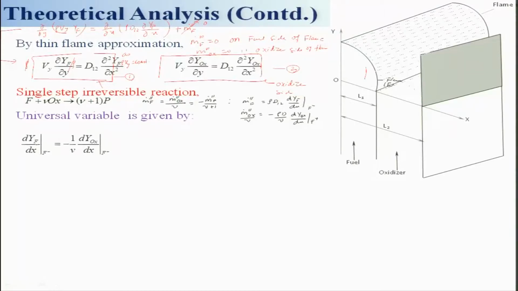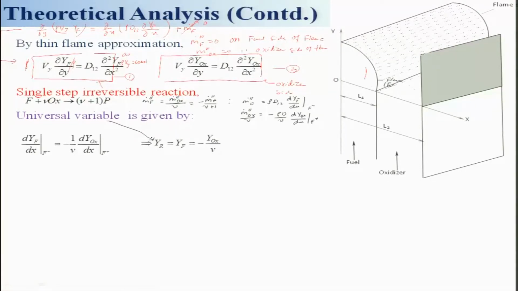So, if you look at it, this dY_F/dx at F is equal to nothing but 1 by ν dY_ox/dx at F. From this I can say very easily that Y_F is equal to minus Y_ox by ν, which is nothing but your Y_R, and this is your universal variable, right.